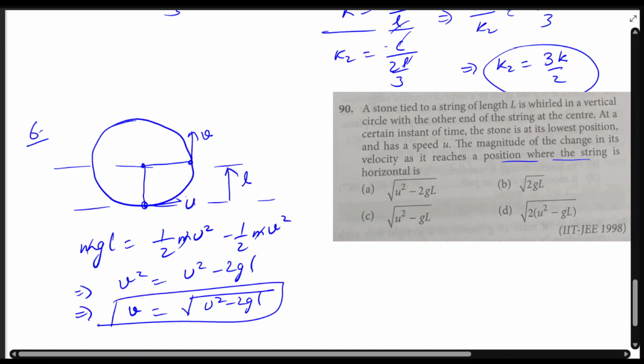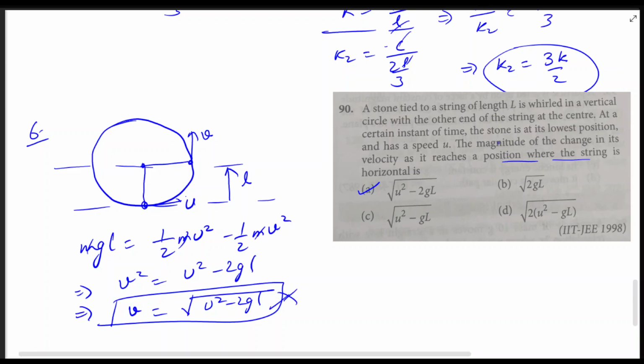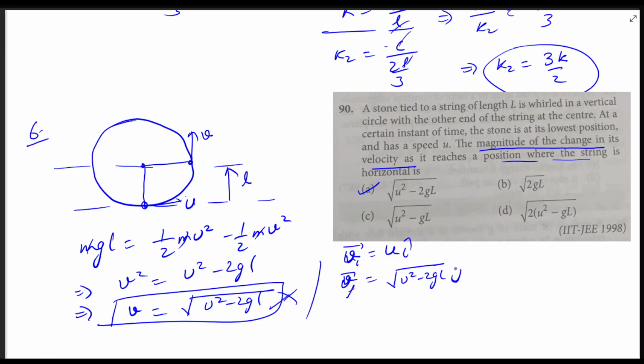And from this, you will take this option, but this is wrong. Why? Study this question again. The magnitude of change in its velocity it is asking, right? So this is our final, and we have this. So initial velocity will be u i cap, and final velocity will be root of u square minus 2gL j cap.